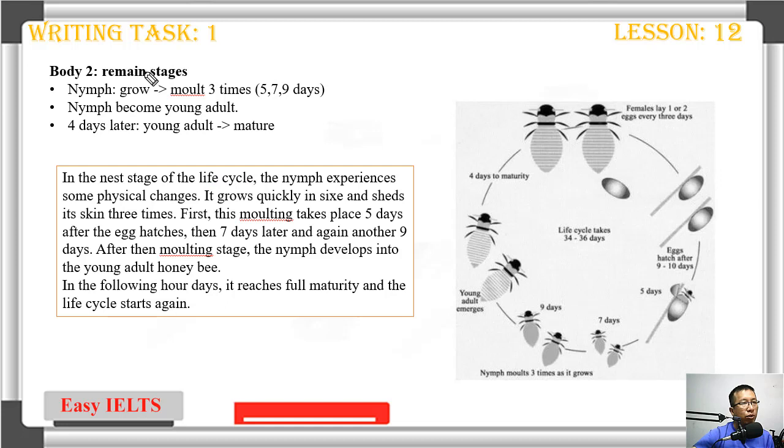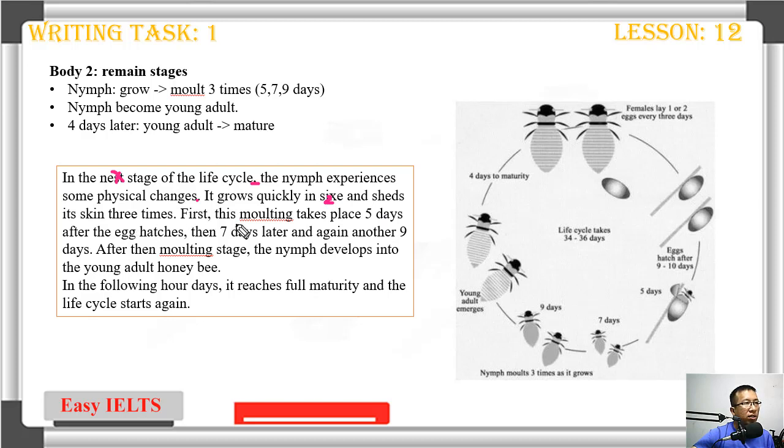Okay, we continue to the body 2. In the next, it's supposed to be next. In the next stage of the life cycle, the nymph experiences some physical changes. Okay, you can add these, but actually you don't have to. It grows quickly in size and sheds its skin 3 times.